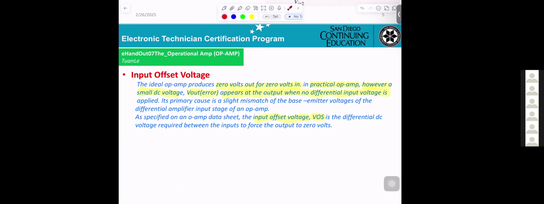However, if it's not zero, like you can get 1 millivolt or 10 millivolts even with the inputs connected to the ground, that's what we call an offset voltage.